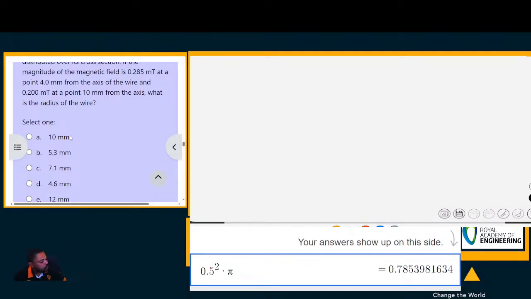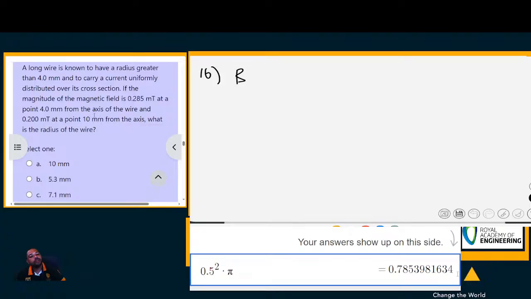Now, let's use this formula. Okay, this is for 16. The magnetic field at a point, it has a radius greater than 4 millimeters. Okay, the magnitude of the field is given at 4 millimeters, and at 10 millimeters. So they give us the magnetic field at 10 millimeters, and they give us the magnetic field at 4 millimeters from the axis.